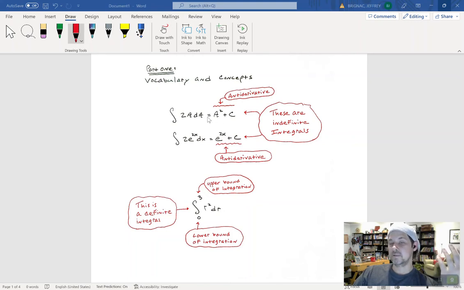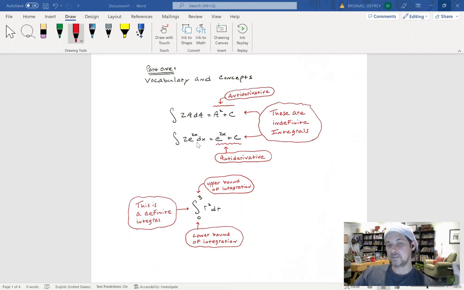So if I have this function 2A, where capital A is my variable, then the antiderivative of that is A squared plus C, because the derivative of A squared plus any constant is 2A. So that's what an indefinite integral is, and that's how we evaluate it.